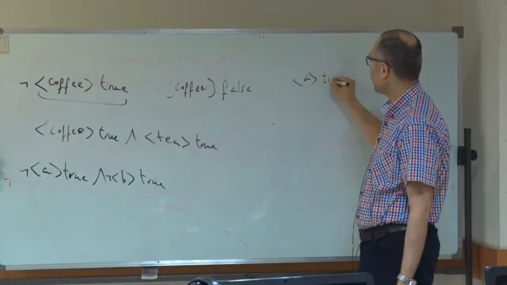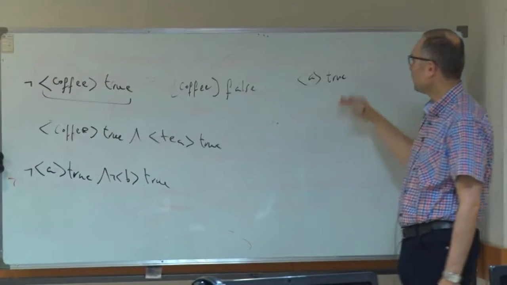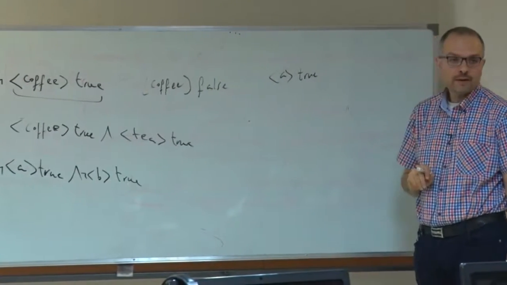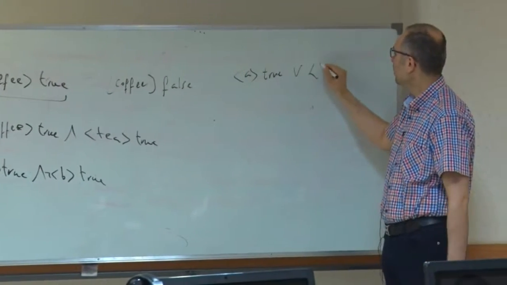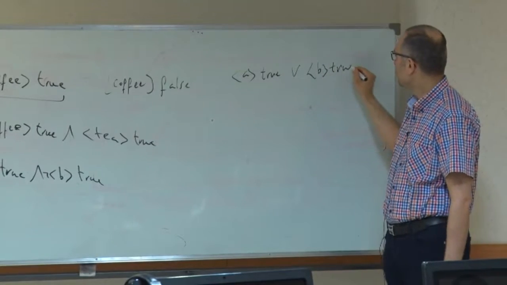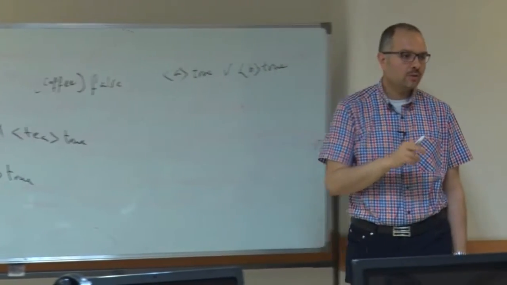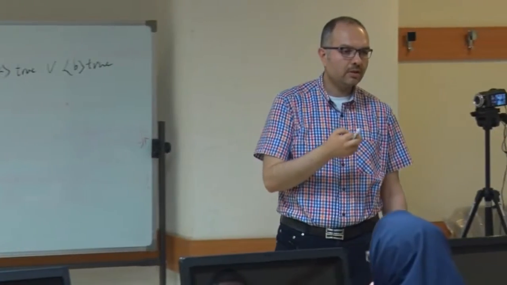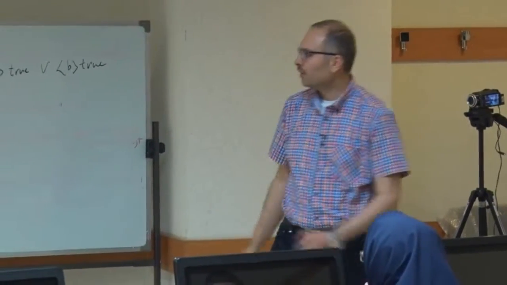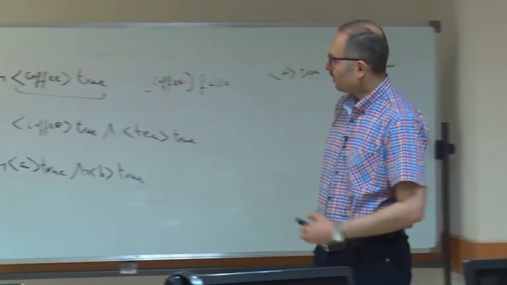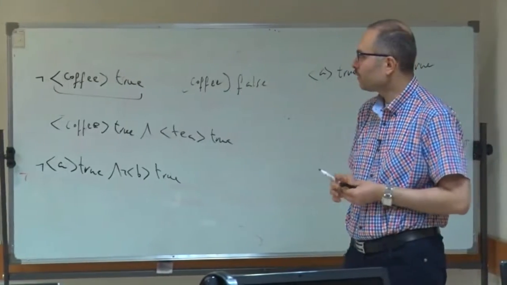True, because you can never write diamond A false, that's false, always. Diamond A true. Right. You want to say the same? Yeah, good. Very good. So I think we got a grip of how this works.